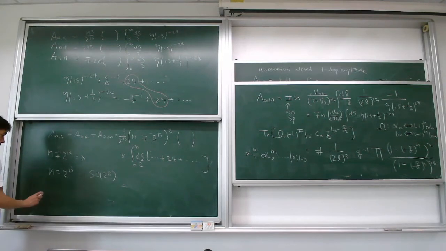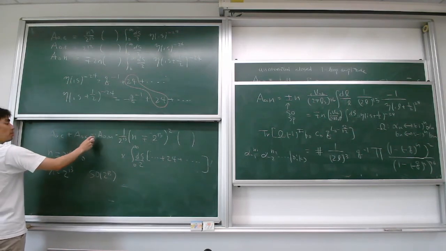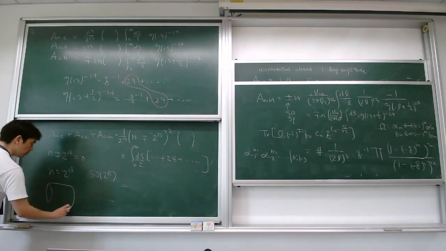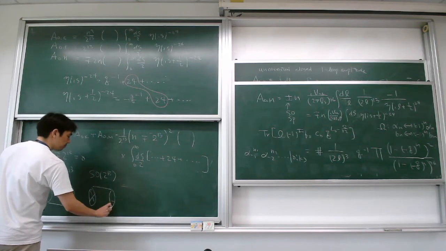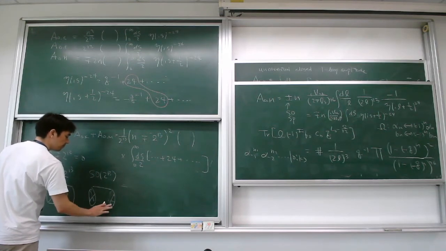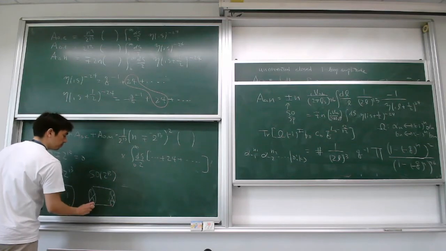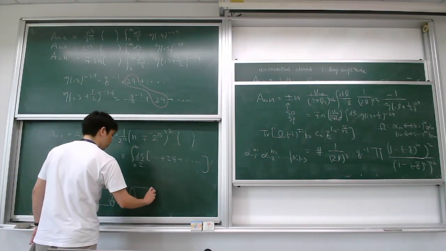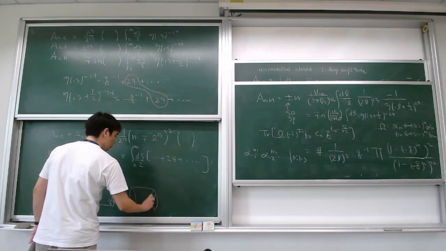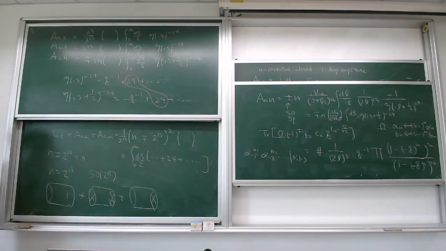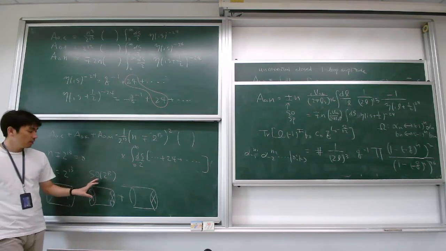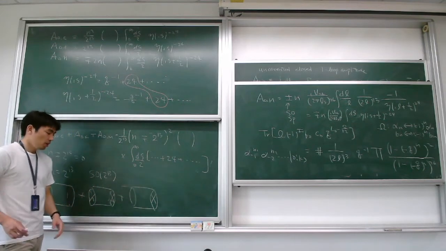And this cancellation is called tadpole cancellation. It's because as follows. What we have considered is just a cylinder, Klein bottle, maybe a strip, and essentially we just sum all the cylinder and the Klein bottle and maybe a strip.